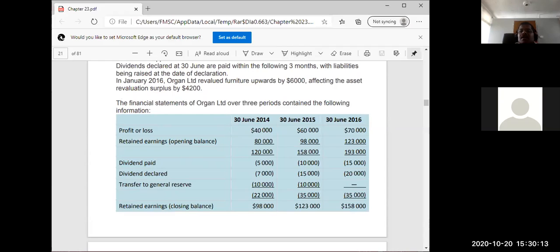We acquired this business on 1st July. Can you remember? 1st July 2013, we acquired. So thereby this is the first year financial statement.